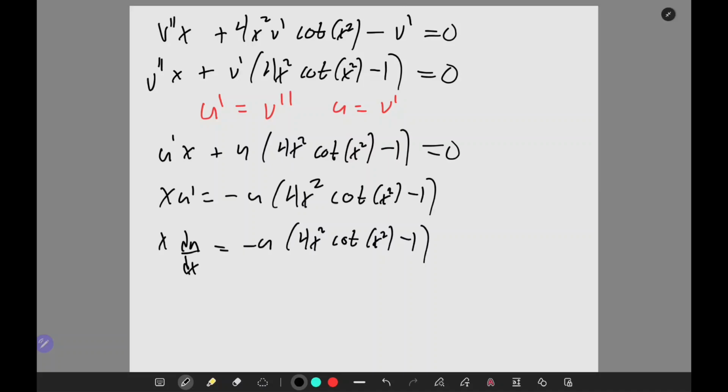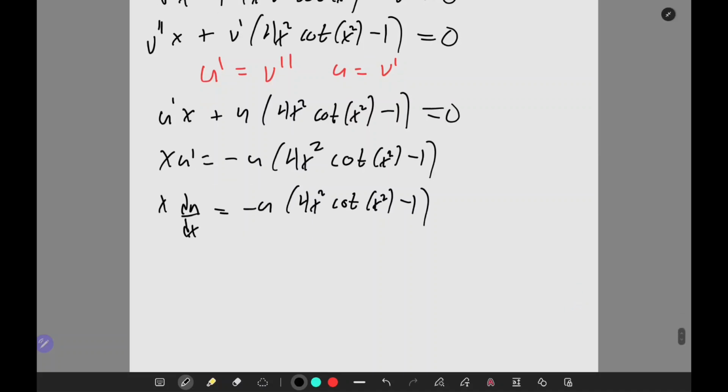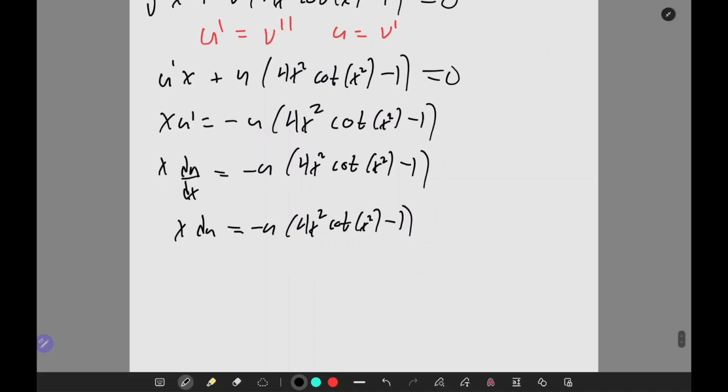Actually, we have to switch the sides, don't we? We're going to multiply that dx over. So I'm going to have x du is equal to negative u times 4x squared cotangent of x squared minus 1, and I multiply this dx over.